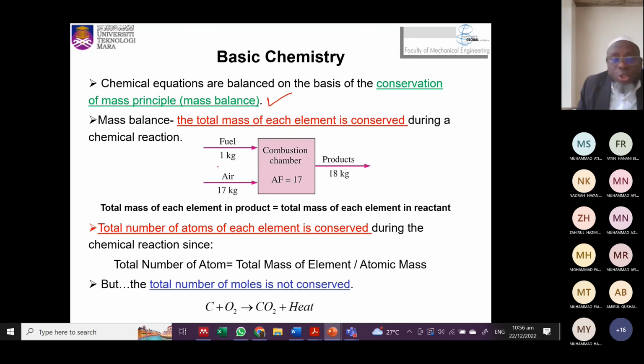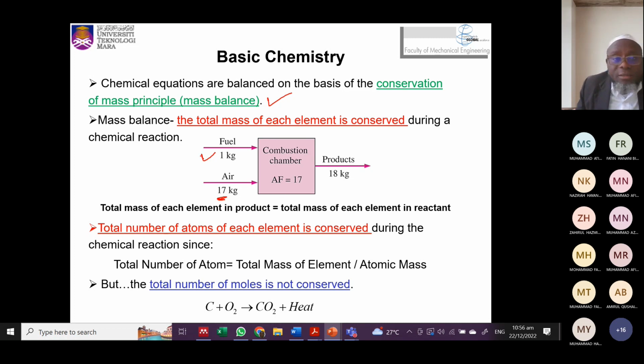Assuming, for example, I have 1 kilogram of fuel. It can be petrol, it can be any type of fuel you can think of. And then it is accompanied by 17 kilogram of air.